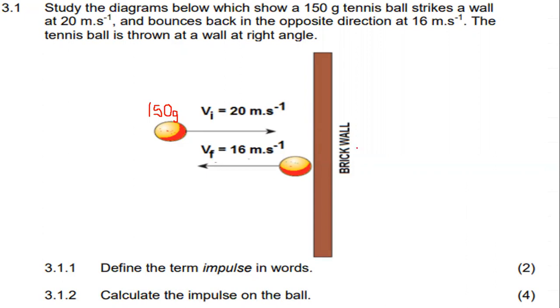So essentially, that is what is happening, and we've been given the velocity before the collision and the velocity after the collision. Then we are required to define the term impulse.